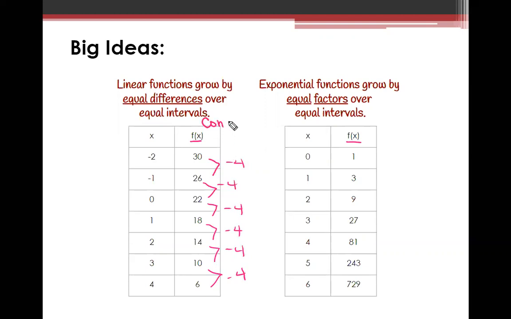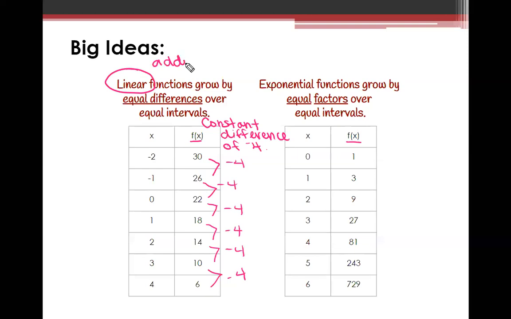So write this down, constant difference of 4. So each time it's being what? Subtracted by 4. So if it's added or subtracted, what kind of function is it? Linear. Yes, and you're going to write this down again.